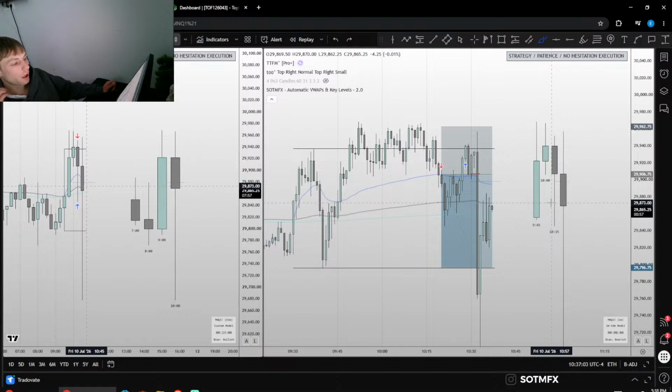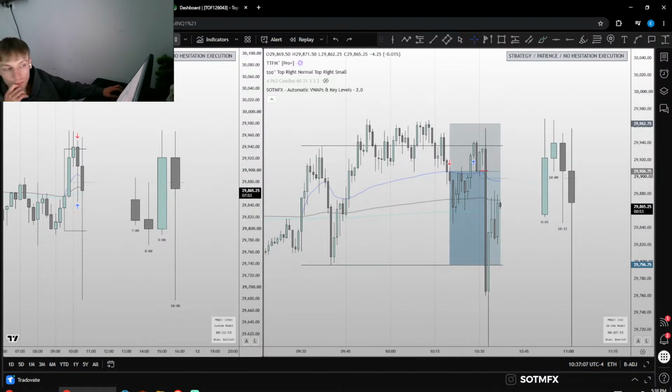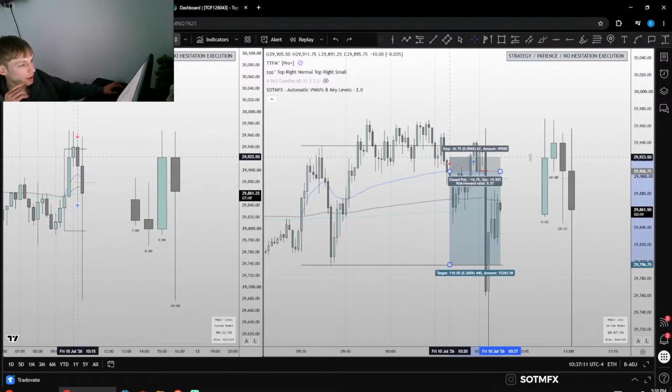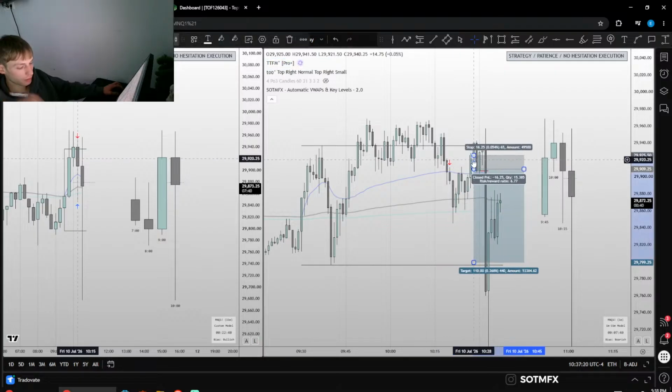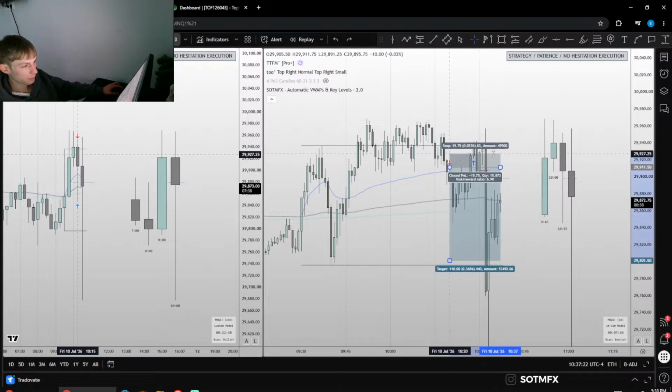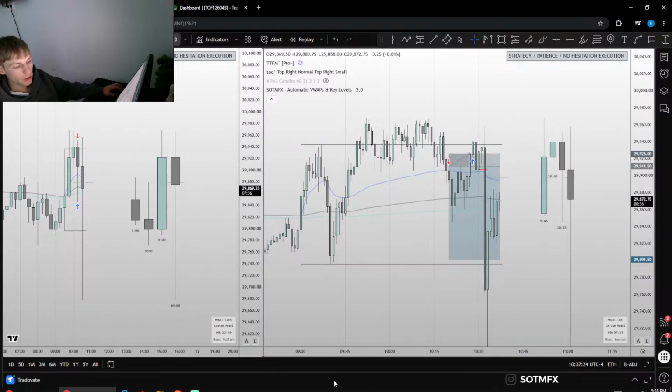The trade was to the downside basically. So that's fine. As you can see, my exit was right here, roughly at my entry. So my entry was here, and my exit was here. I was risking 500.